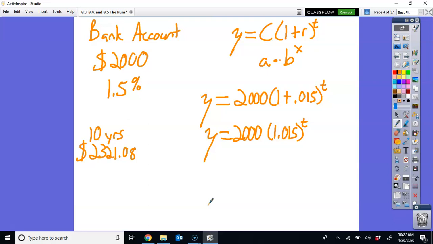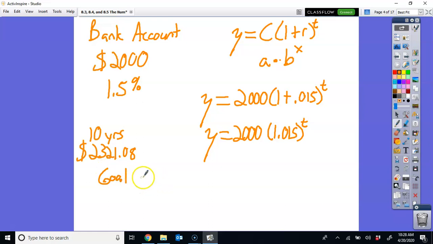Let's say that we want to find out how long we need to leave the money in our bank account until we will have a certain amount. Maybe our goal is to get this bank account now to $3,000.